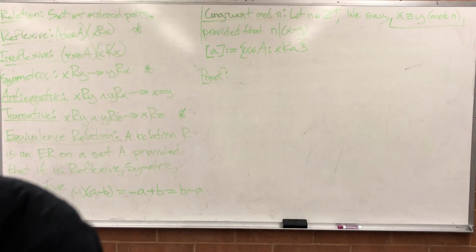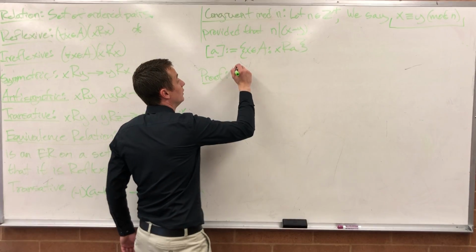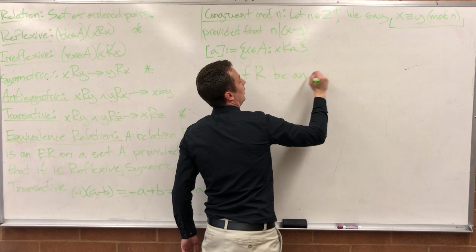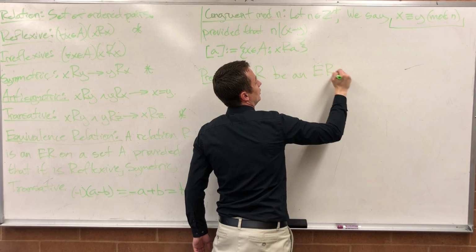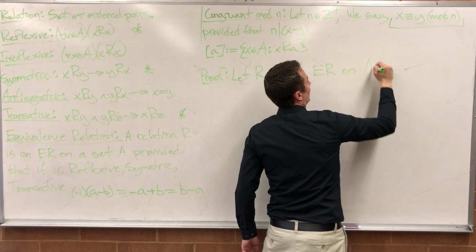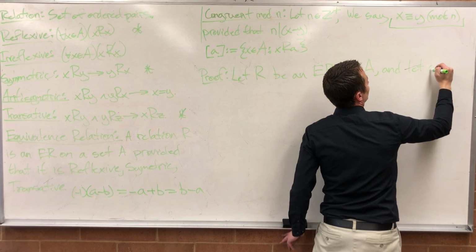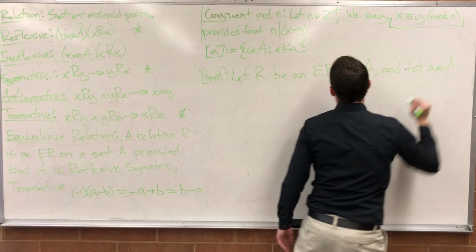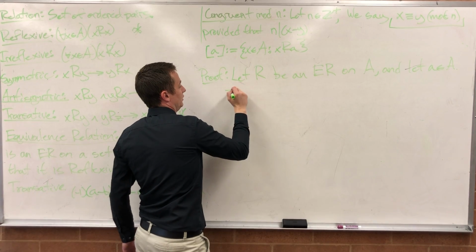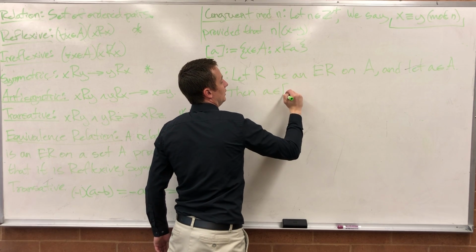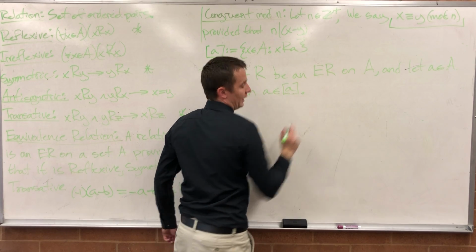Our proof is: let R be an equivalence relation on a set A, comma, and let little a be a member of big A. Then little a is in its own equivalence class.